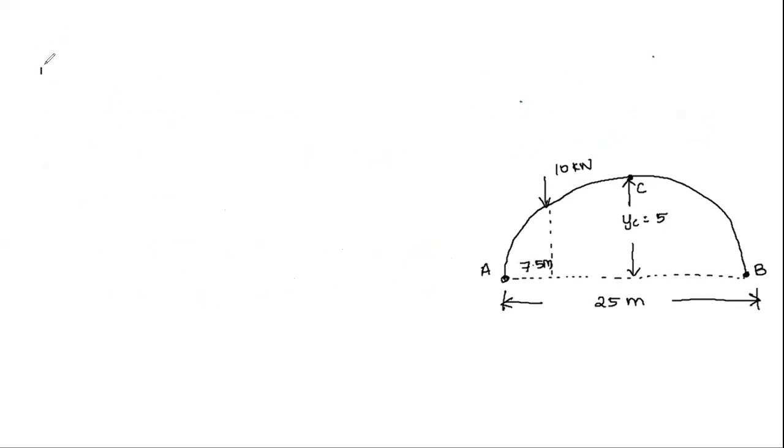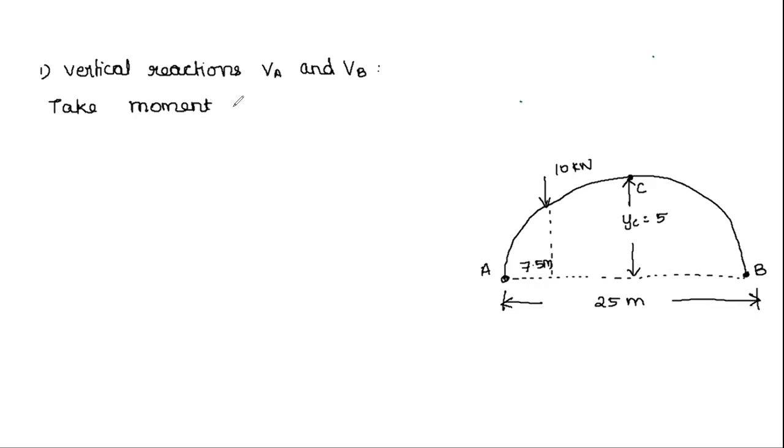As the first step, we have to find the vertical reactions VA and VB. To find VA and VB, take moment about A. When we take moment about A, what are the forces we will consider?